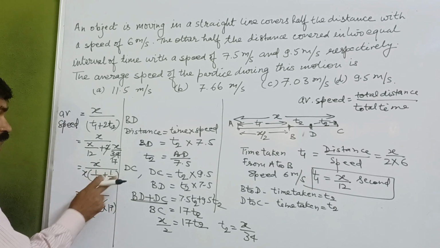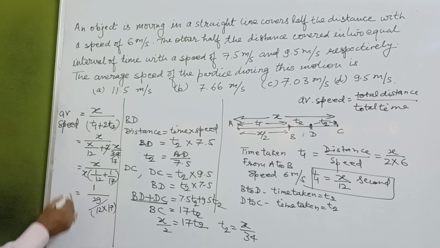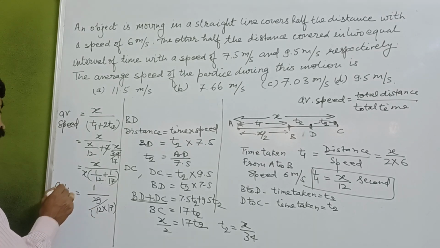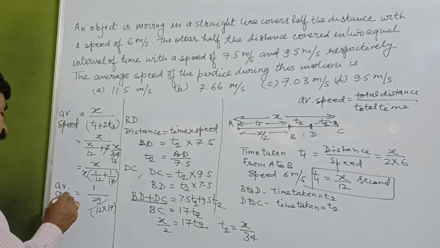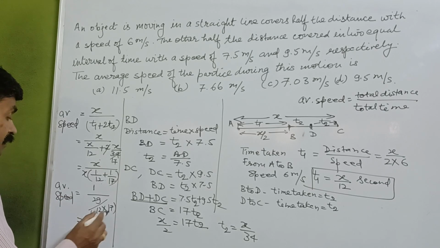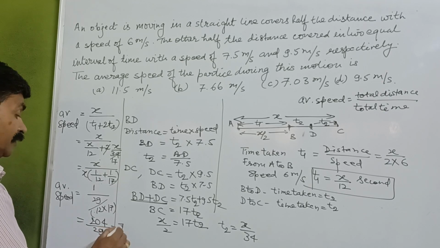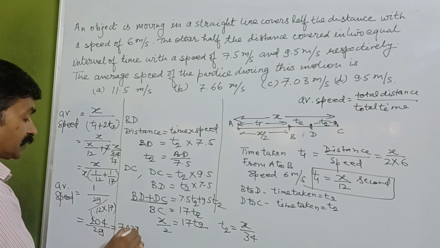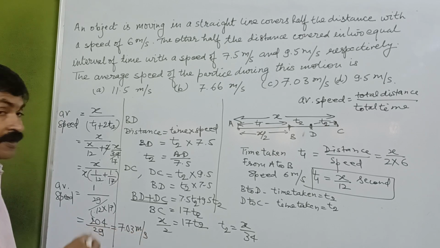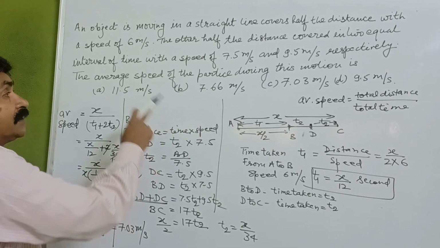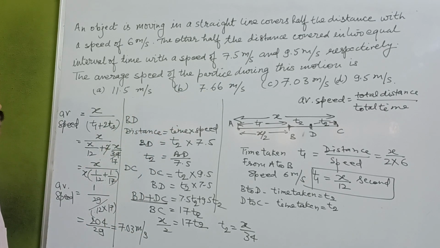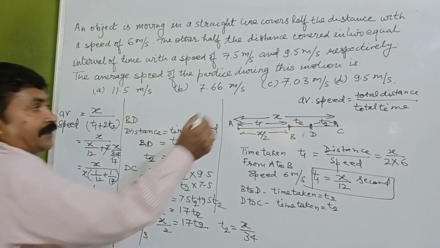So the average speed is 204 divided by 29, which is 7.03 meters per second. This is the average speed we are getting in this case. So C is the correct answer.